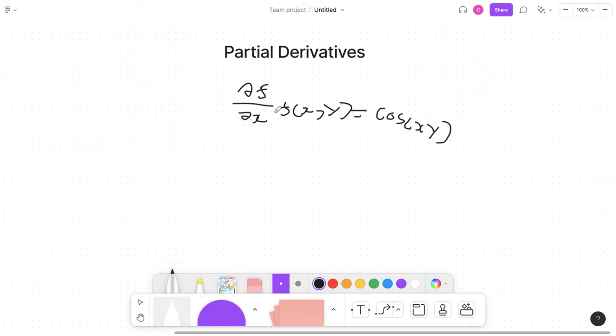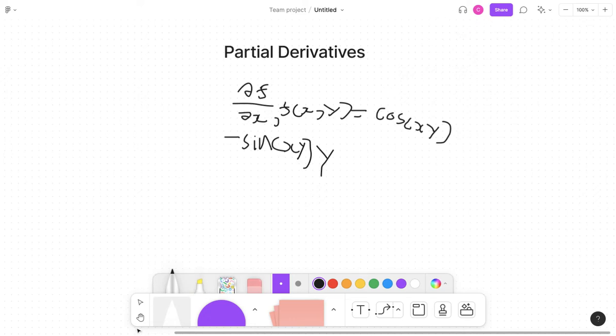So that is definitely equal to, so you pretend it's a constant, you use the chain rule, you get negative sine xy times y, because you have to multiply by the derivative of this with respect to x, and since it's just with respect to x and y isn't anything, then you end up with y without x, because x becomes 1.